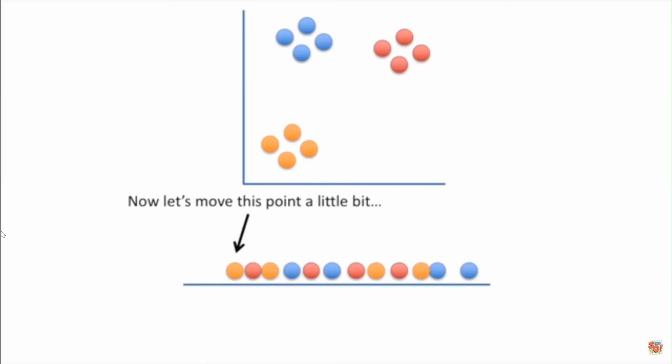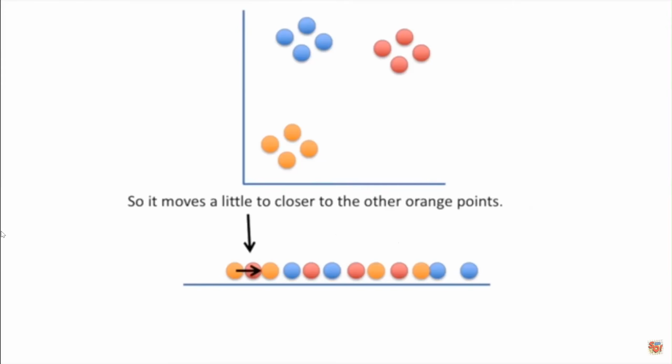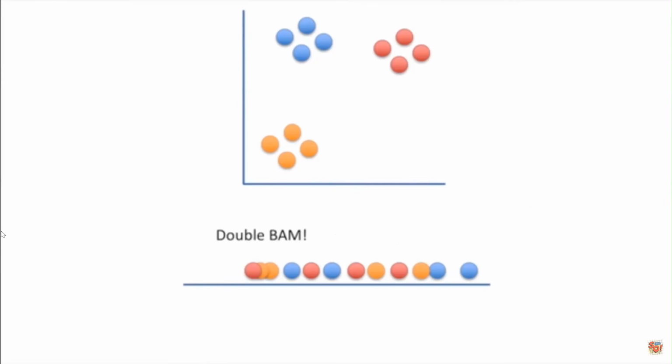Now let's move this point a little bit. These points attract because they are close to each other in the two-dimensional scatter plot. And this point repels a little bit because it is far from the point in the two-dimensional scatter plot. So it moves a little closer to the other orange points. Double bam!